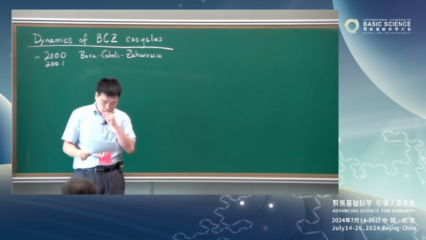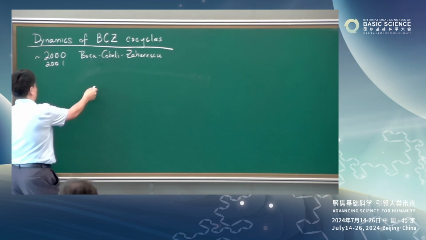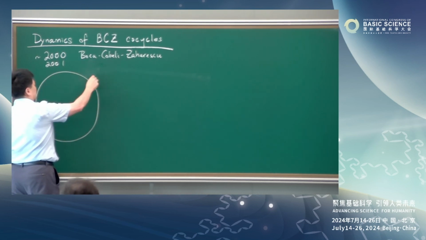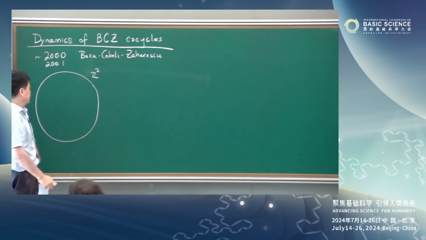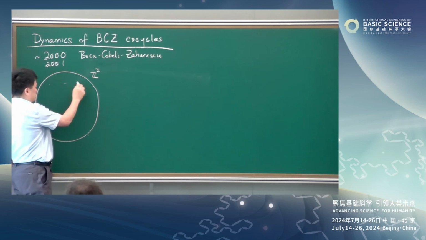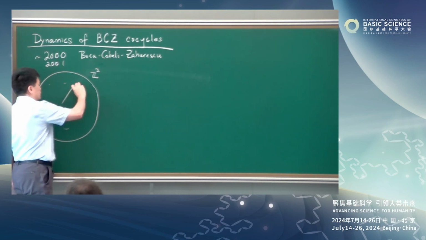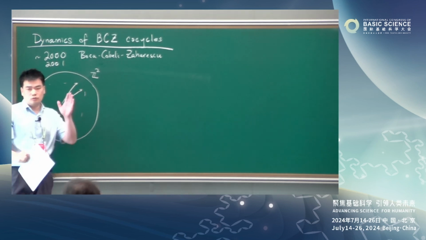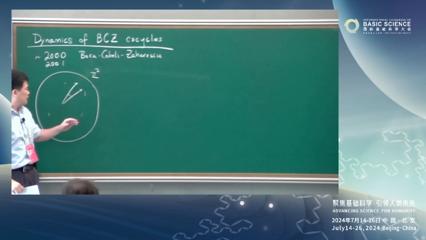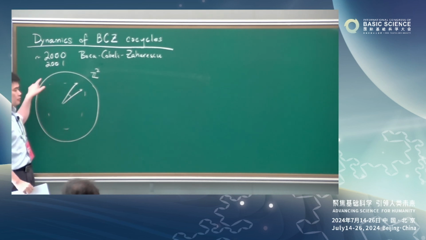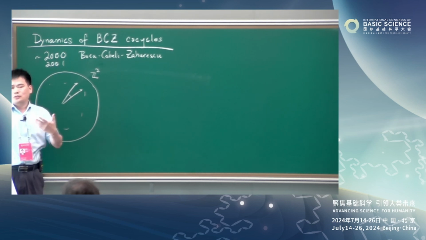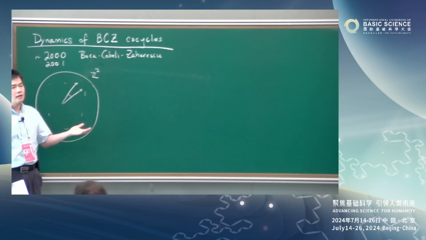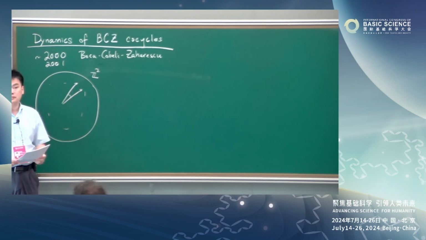In 2000, they were looking at, say take the integer square lattice, and you take all the points in here, and you order them all by angle. So there's a finite number of angles that you get, and you want to know what's the distribution of these angles. That's what they were studying.